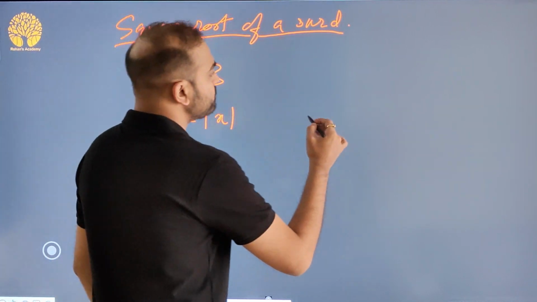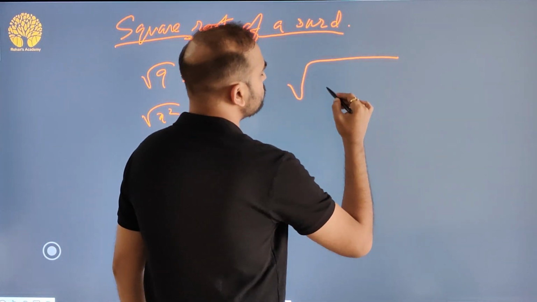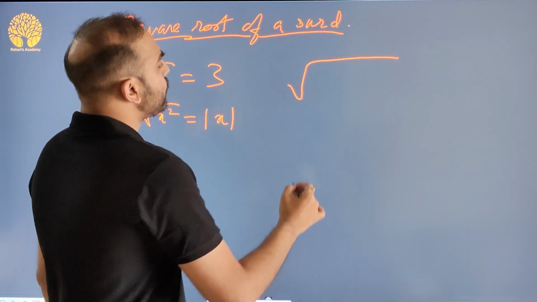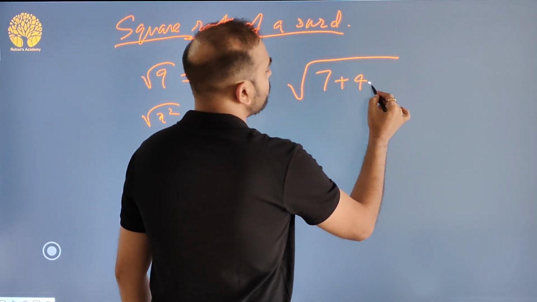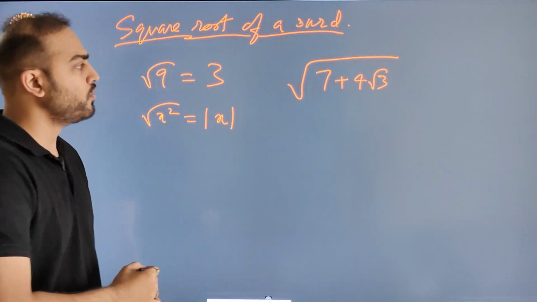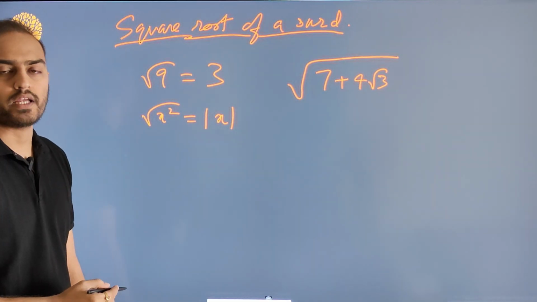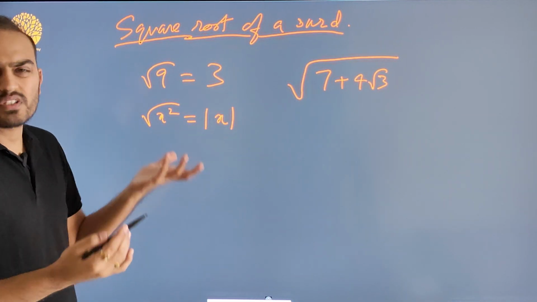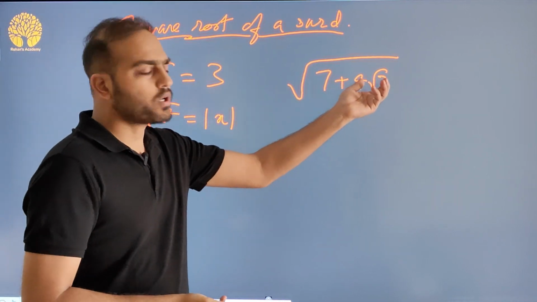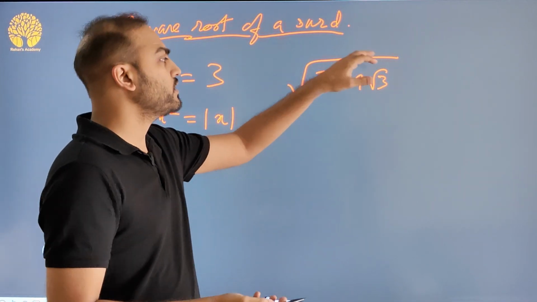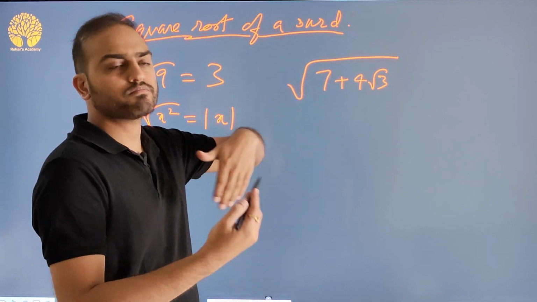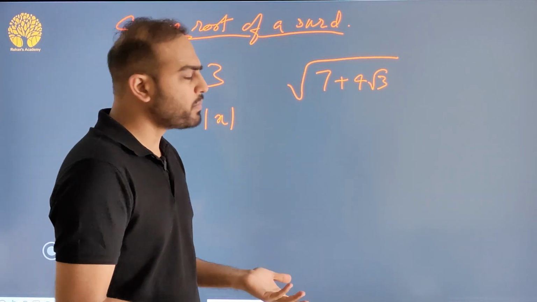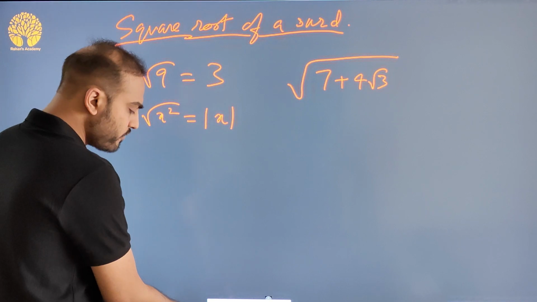However, if I ask what is square root of 7 plus 4 root 3, then what happens? Now this is a little complex. We can't do, okay, root 3 is 1.7, then into 4, then plus 7, and that becomes complex, right? There has to be a simpler way.